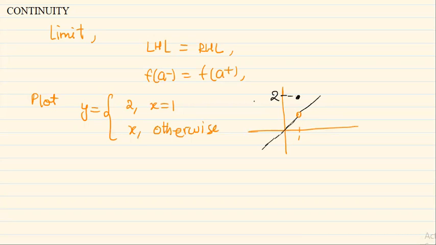So you understand this. So at this point, if I ask you f of 1 minus, that will be 1, and f of 1 plus will also be 1, right? So we say limit exists.